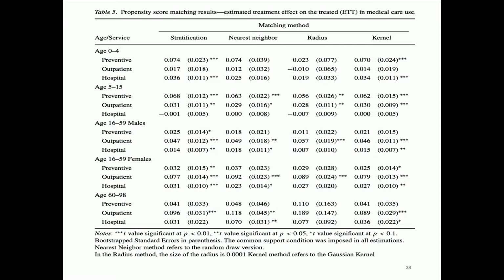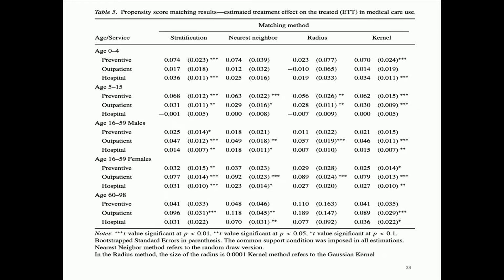But for the outpatient, whatever methodology you are using, there is no effect of the SUPS program. For the hospital, you can see that it has a positive significant effect when using stratification and when using kernel, and it's also around 3.5%.